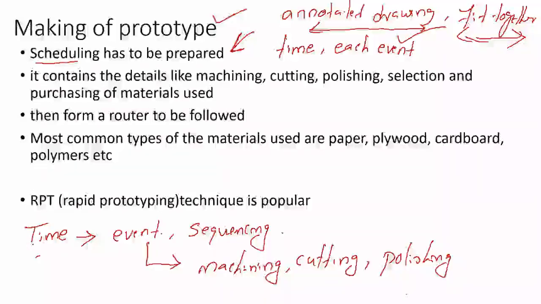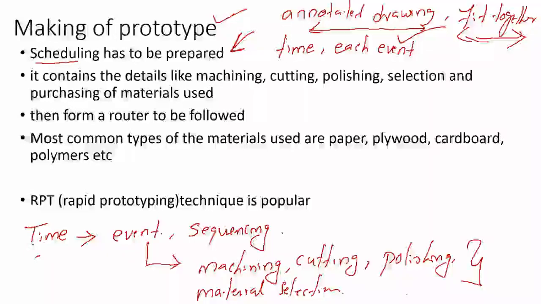As well as polishing and even material selection. Everything will be sequenced in order. How is it going to help our manufacturing process?